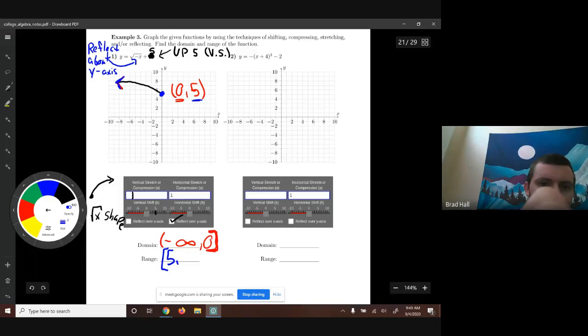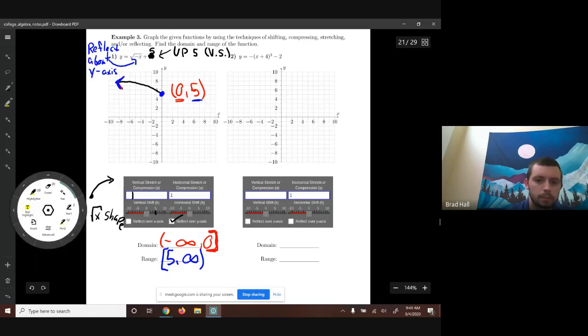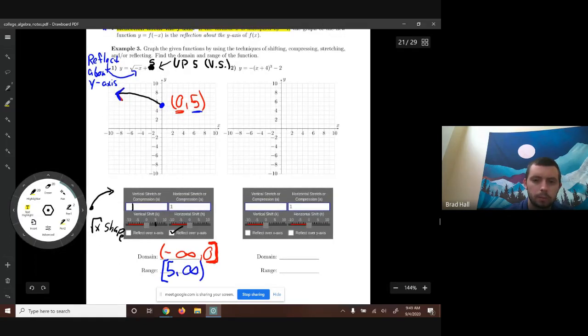Well, we hit the arrow, so that tells us infinity. So that would answer this problem here. Does anyone have any questions about part 1 for now?